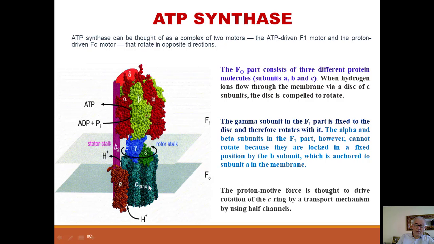The C ring accepts protons from a half-channel, and the protons bound to this C ring of the F0 part of ATP synthase go to subunit A, and A leads the protons to the matrix.